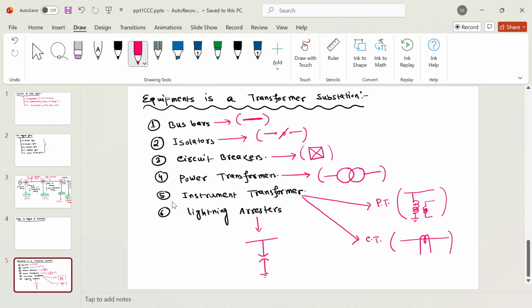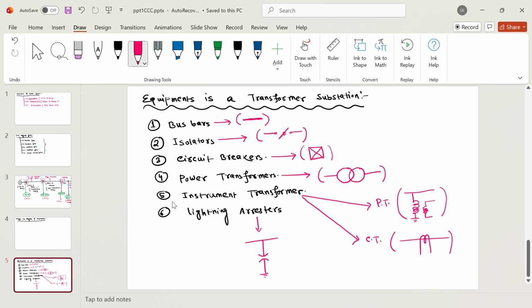Then there are power transformers, the main heart of a substation. They basically transform the voltage, from high voltage to low voltage or low voltage to high voltage. So it changes the voltage level. Now come to the instrument transformers.